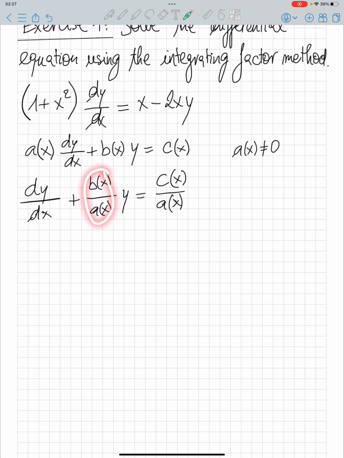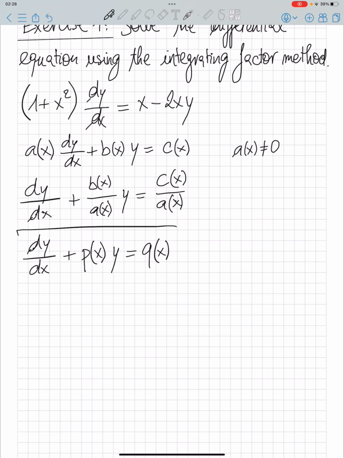And this is a function, this is a function, so we can write this in this form: dy dx plus, let's call it p of x y is equal to q of x, right? So this is the standard form.